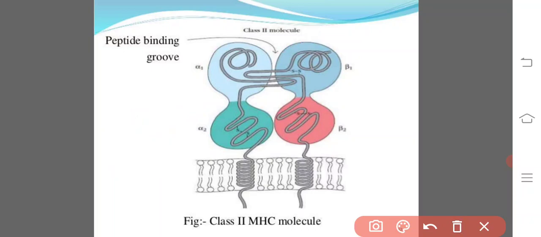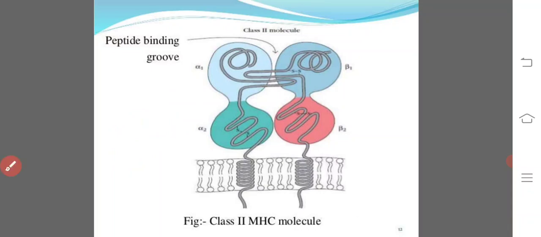Several hundred different allelic variants of class 1 and class 2 MHC molecules have been identified in humans. An individual may express only 6 different class 1 molecules and up to 12 different class 2 molecules. Thus, peptide binding by class 1 and class 2 molecules does not exhibit the fine specificity characteristic of antigen binding by antibodies and T cell receptors.